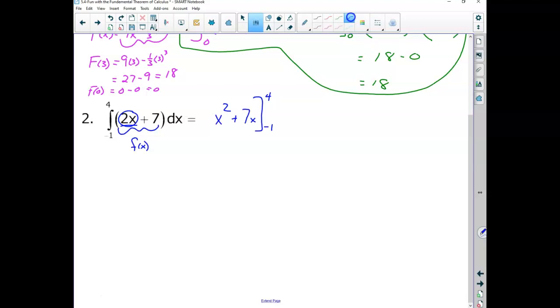But from here, what I usually would do is I would make 2 sets of parentheses. So number 1, I would never forget to distribute that negative when I need to, and I'm just going to plug 4 in. So that's going to give me 4 squared plus 7 times 4. And then in this next one, it's going to take my negative 1 squared plus 7 times negative 1.